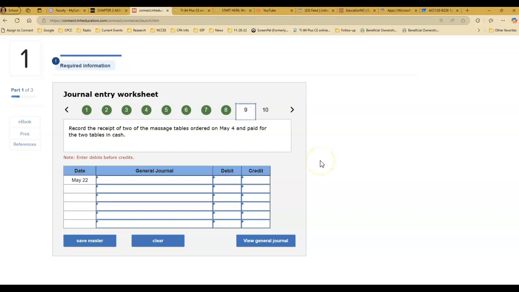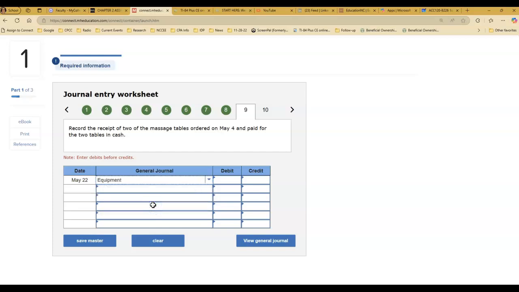Okay. Number 9. Record the receipt of 2 of the massage tables ordered on May 4th and paid for the 2 tables in cash. Okay, good. Good. Well, yes.